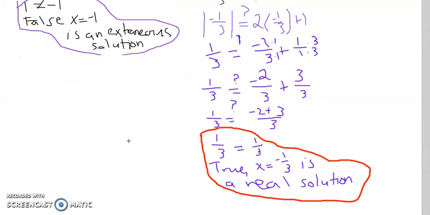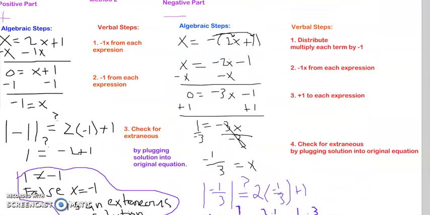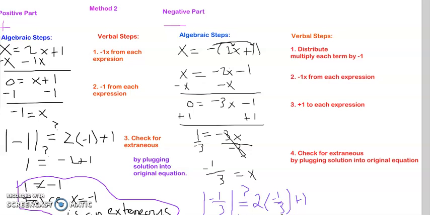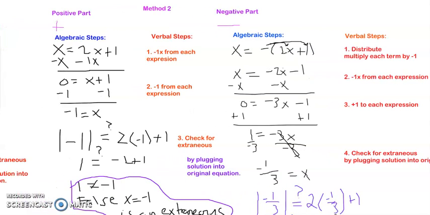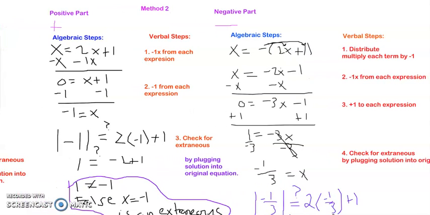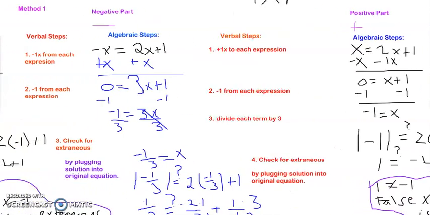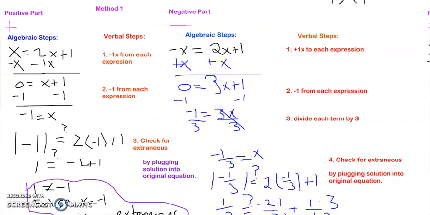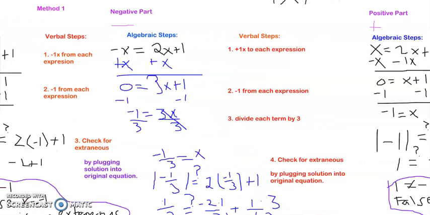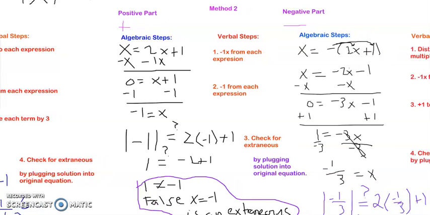So, after looking at both of these examples, both methods of the same example, which method do you like better? Method 2 or method 1? Notice the positive part is exactly the same on both method 1 and method 2.